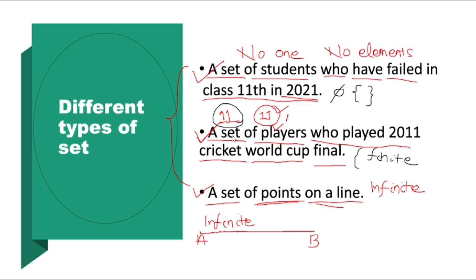So this set is a finite set with cardinal number 11. Now the last one. This set, as we know, is an infinite set because the number of elements present in this set is not finite. So this is an infinite set.